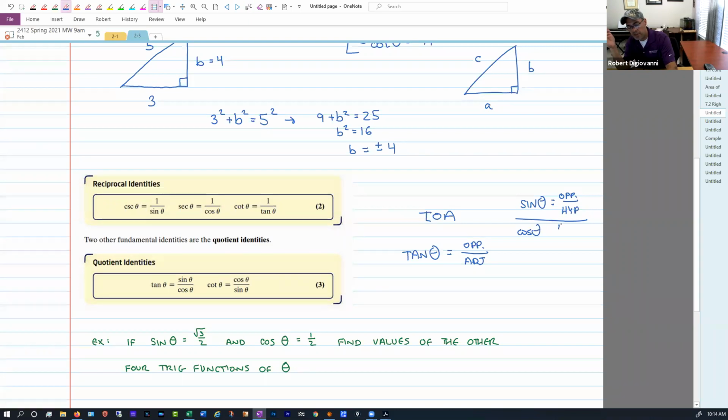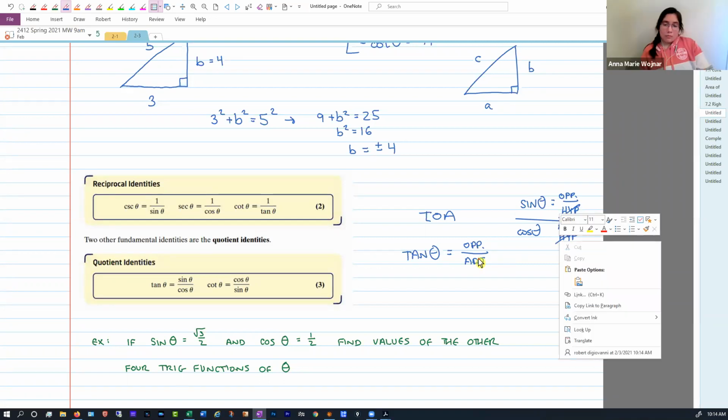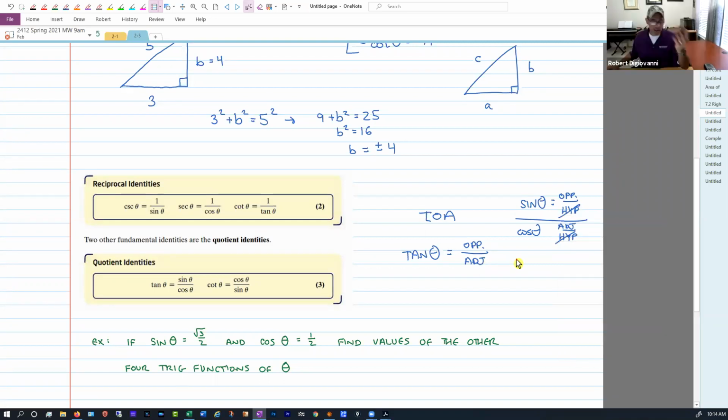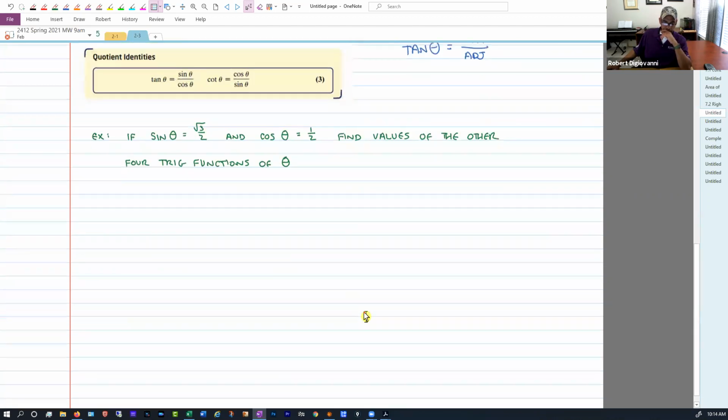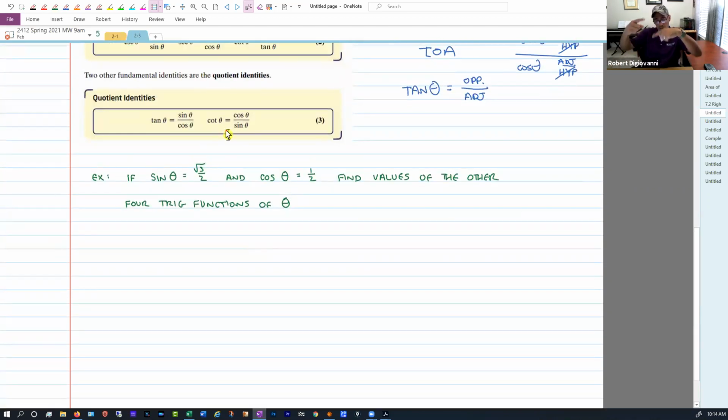That's adjacent over hypotenuse. And what would happen is the hypotenuse would cancel and you would get opposite over adjacent, which is the same as tangent. So I'm just trying to get you to see that this is true. The tangent of theta is just the sine of the angle over cosine. And then cotangent is just flipped over.